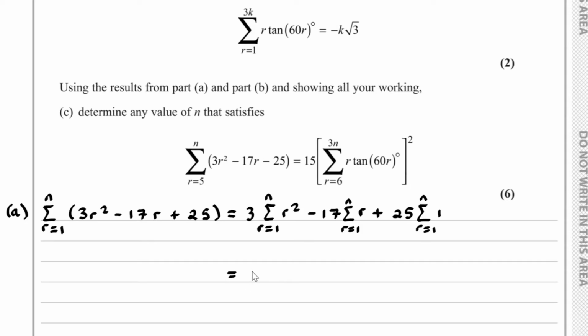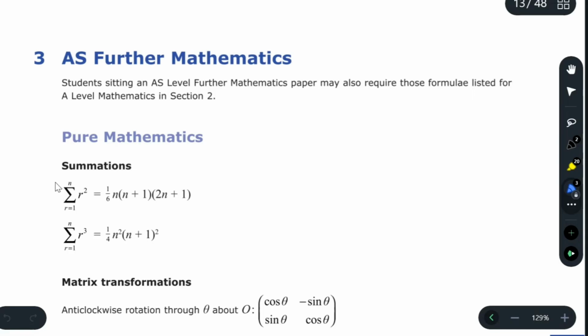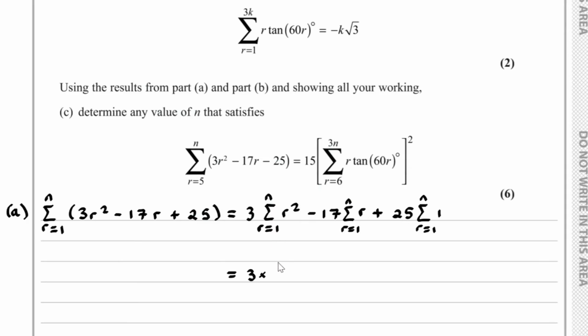So I have 3 times by, now the sum of r squared, if we go to the formula book, that is given here, and the sum of r cubed is given over here. We're only interested in this one. So we have 3 times by 1/6 n times n plus 1 times 2n plus 1. Then we subtract 17 times by, well, here the sum of r, that's given by 1/2 n times by n plus 1, and then we have minus 25 n.